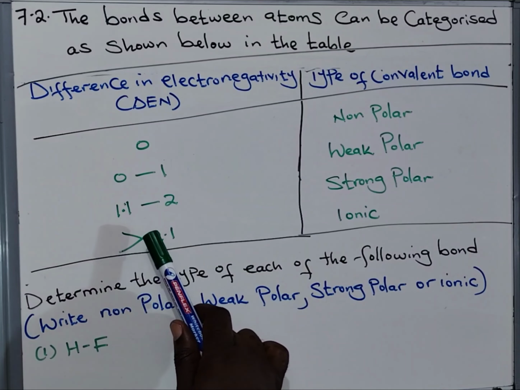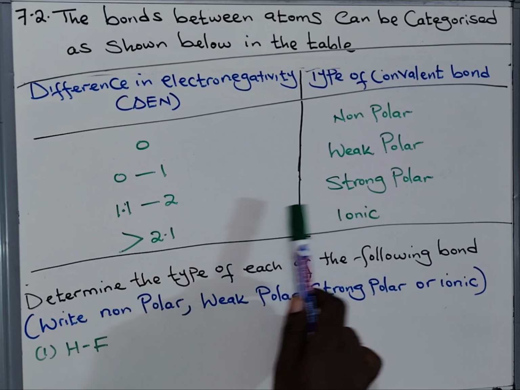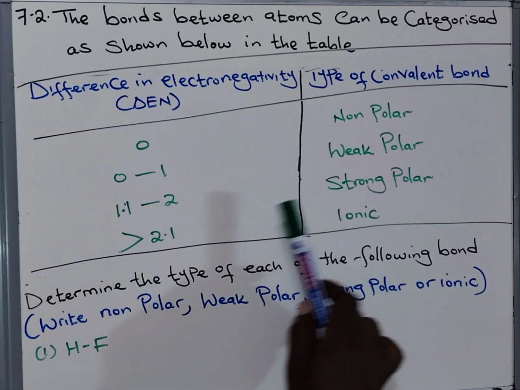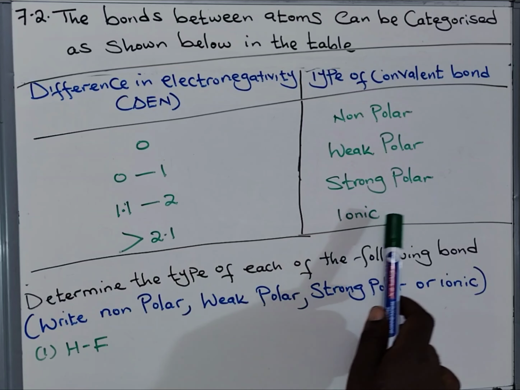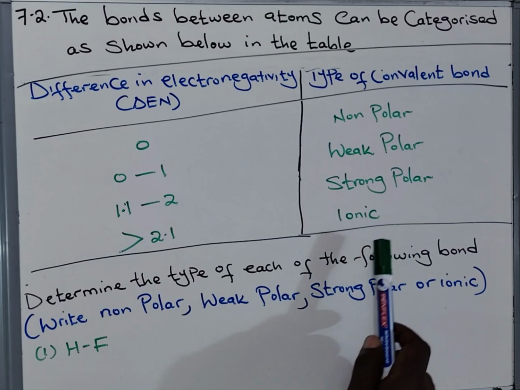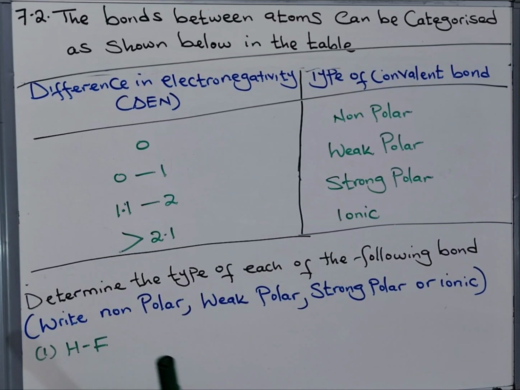Then 1.1 to 2 is strong polar. And greater than 2.1 is ionic. Then the question says, determine the type of each of the following bonds: non-polar, weak polar, strong polar, or ionic.